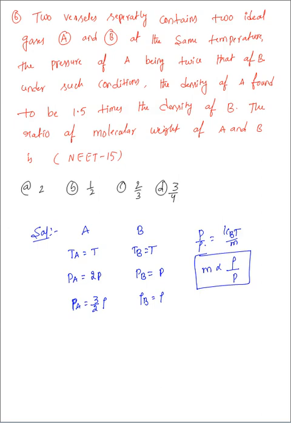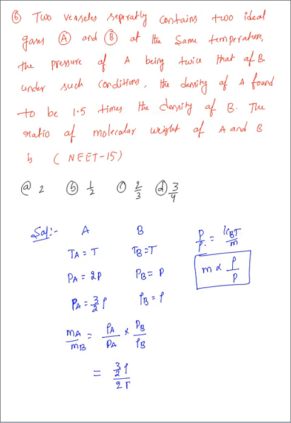So m is inversely proportional to rho by P. So MA by MB is equal to rho A by PA into PB by rho B. So that equals rho A value, how much? 3 by 2 rho. PA value, how much?